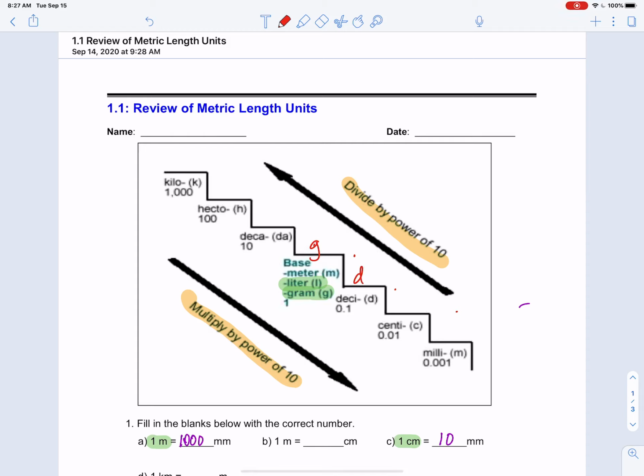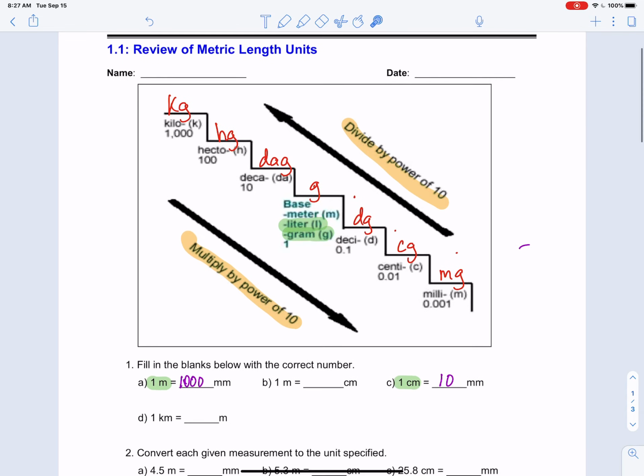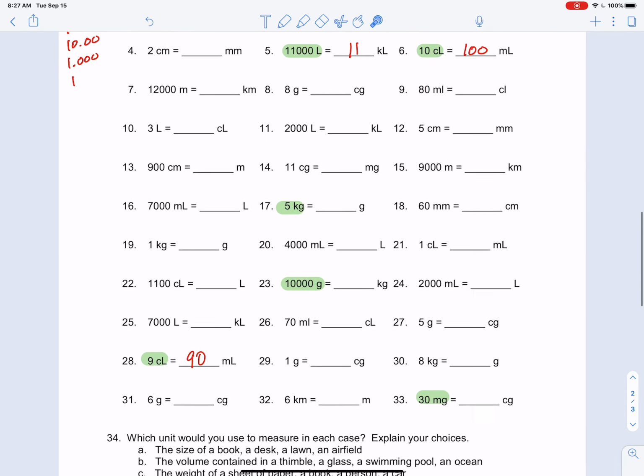And this would be decigrams, centigrams, milligrams, decagrams, hectograms, and kilograms. Obviously, some of these you've heard of before. Kilograms is a common unit of measurement. Grams is, and maybe even milligrams. But you generally don't hear of these ones as much, but it's still useful to be able to convert between them.